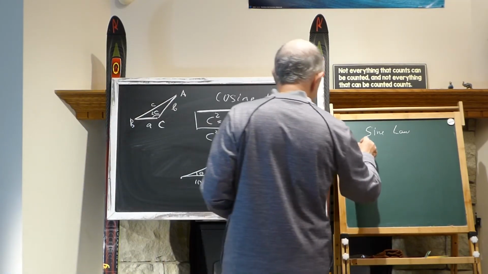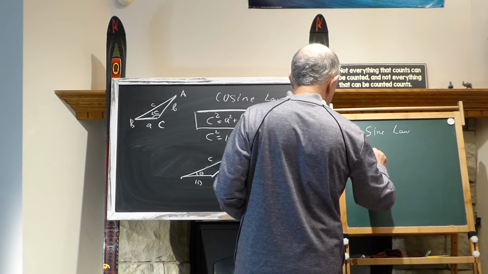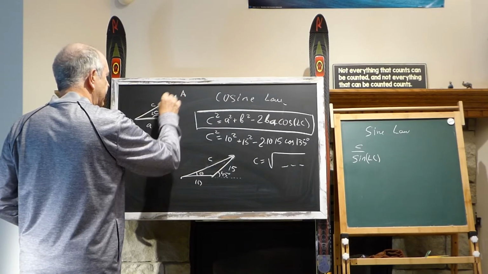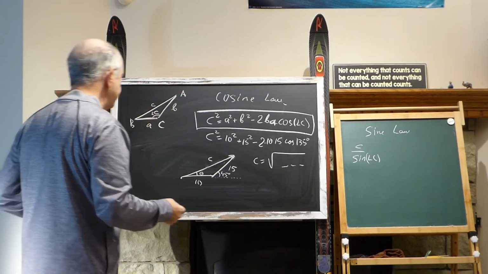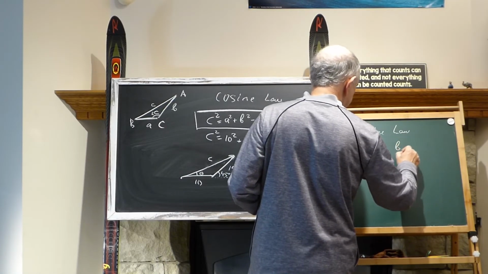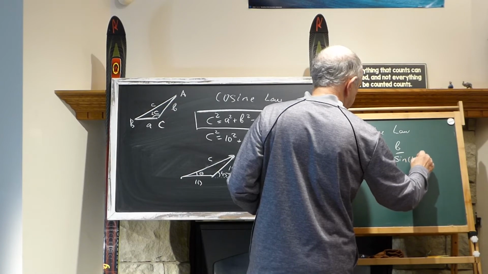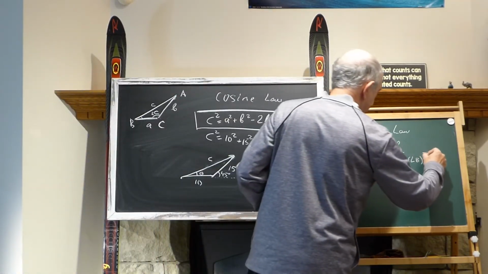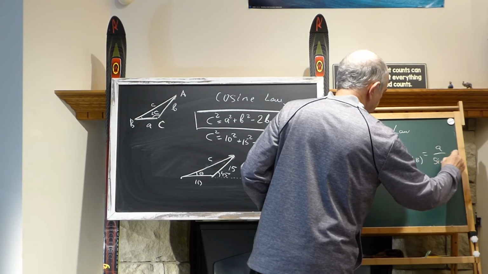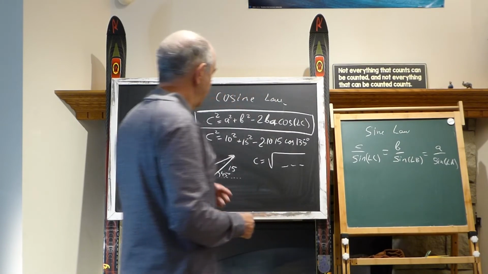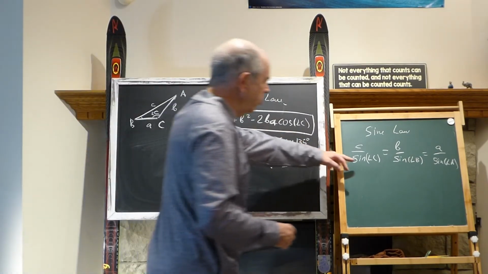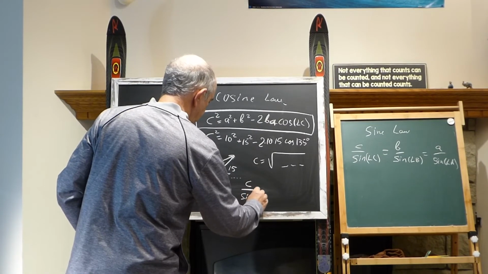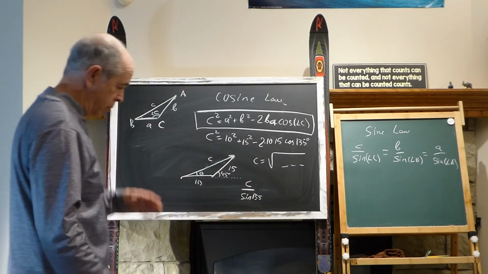For example, c divided by sine angle C, the side of the triangle divided by the sine of the angle that's opposite to it, equals b over sine angle B. And finally it equals the same as a over sine angle A. And in this particular case, c is known, so you can write c over sine, and this is 135 degrees, and you can find out what the sine of 135 degrees is.